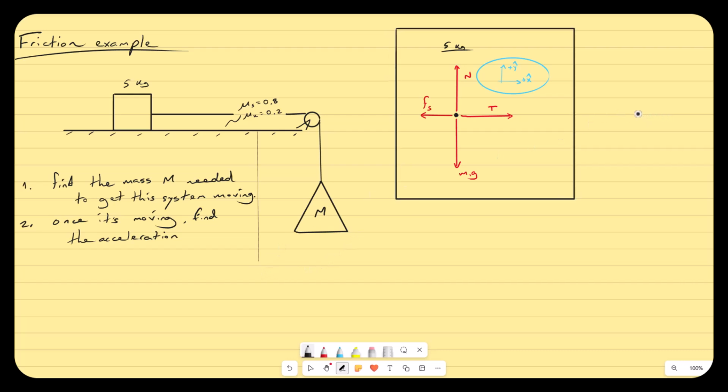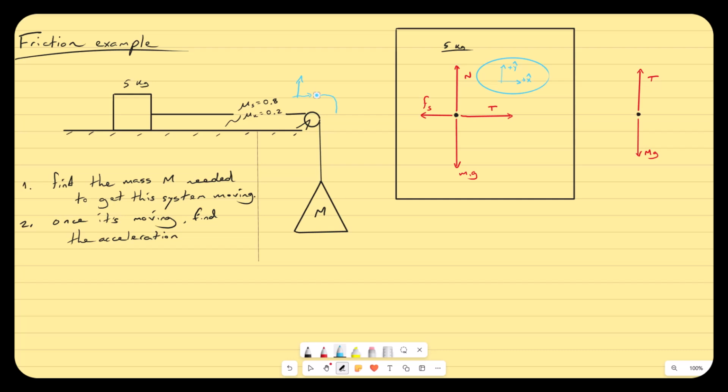Now for the triangle. The triangle has mg going down. It has tension going up. I need to keep track of my axis. What I had over here was this axis.